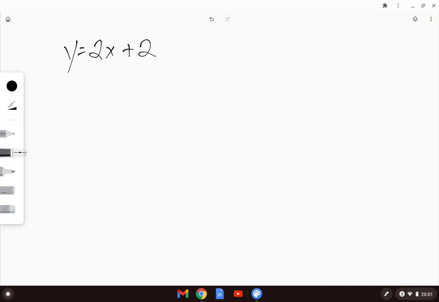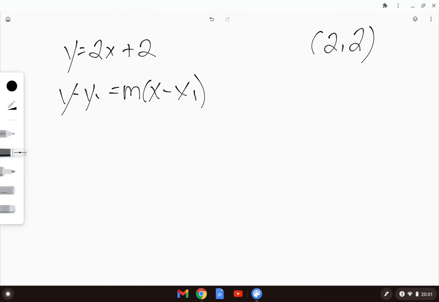And we're looking for a line that passes through the point (2, 2). In order for me to use point slope form to find the equation of the line, I need to know a point, which I know, (2, 2), and I need to know the slope of the line.